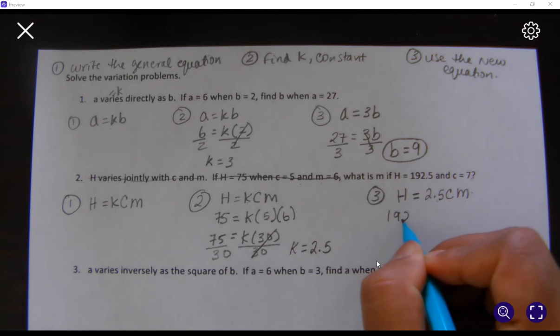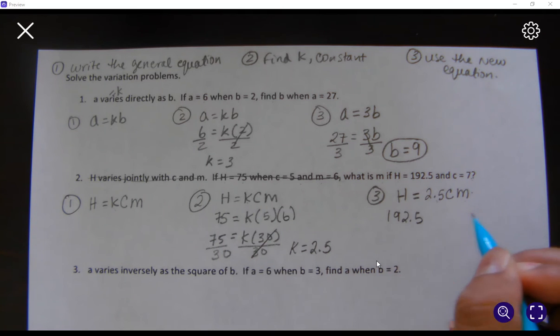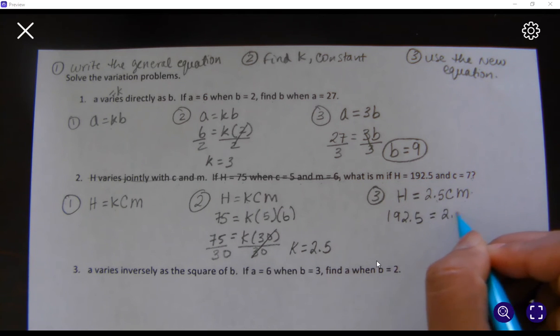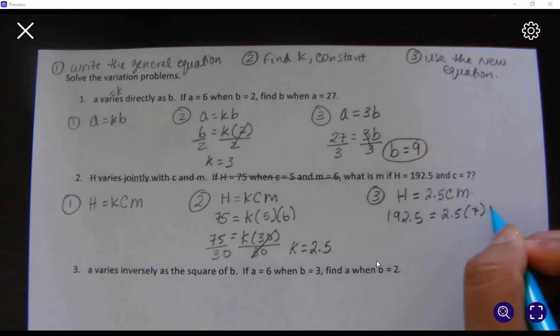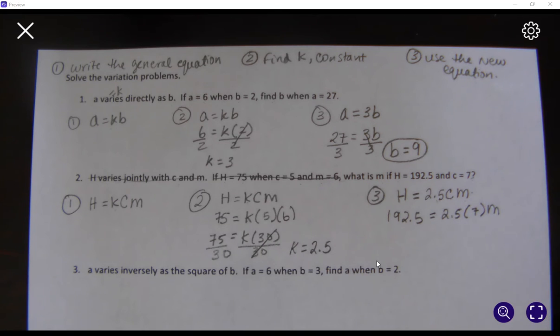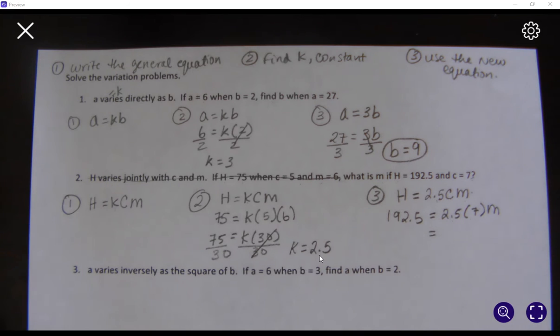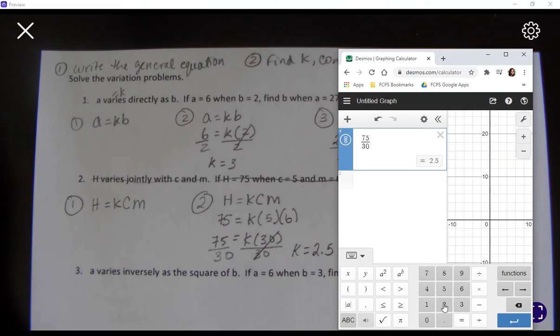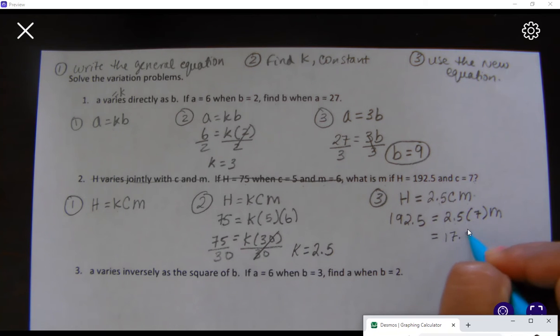So you have 192.5 equals 2.5 times C, which is now 7, and then you have your M. Now I'm going to simplify by multiplying. 2.5 times 7 is 17.5.